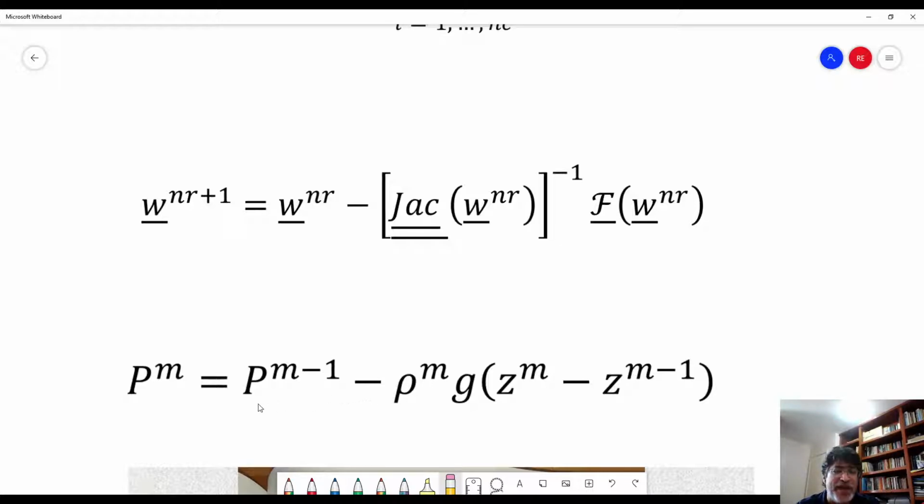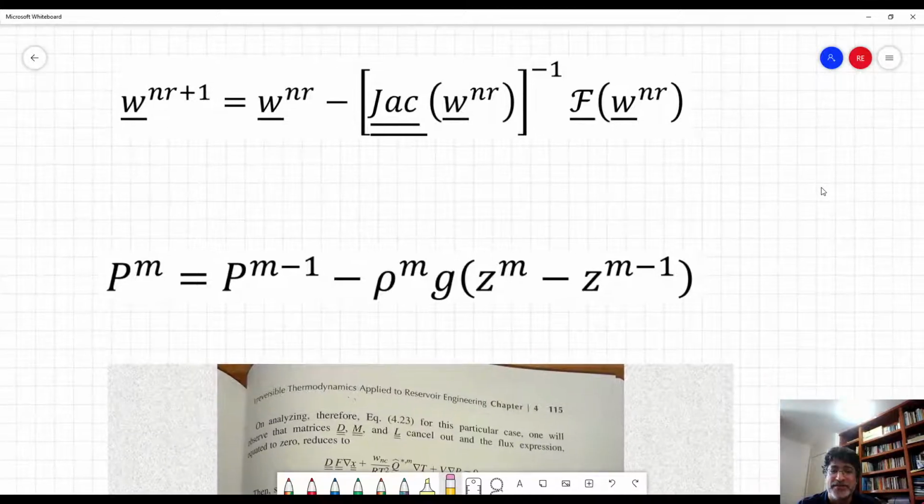You update the pressure from this equation here, which is the hydrostatic relation. Once you update the pressure, you come back to the Newtonian iteration to update the composition again. Then you update density, then you update pressure, then you come back here to update the mass fractions. So, it's just one way to do the calculations.